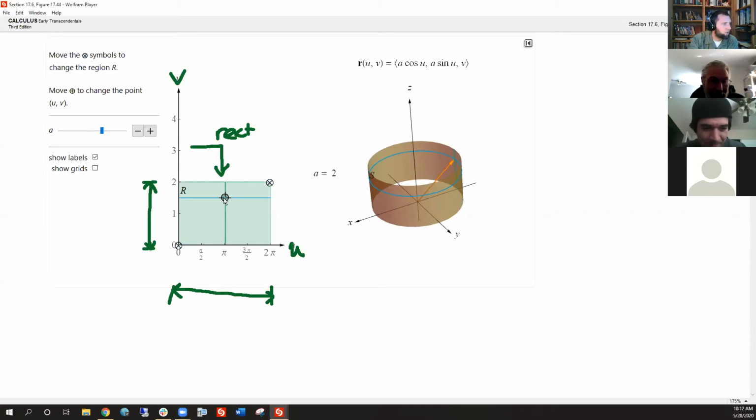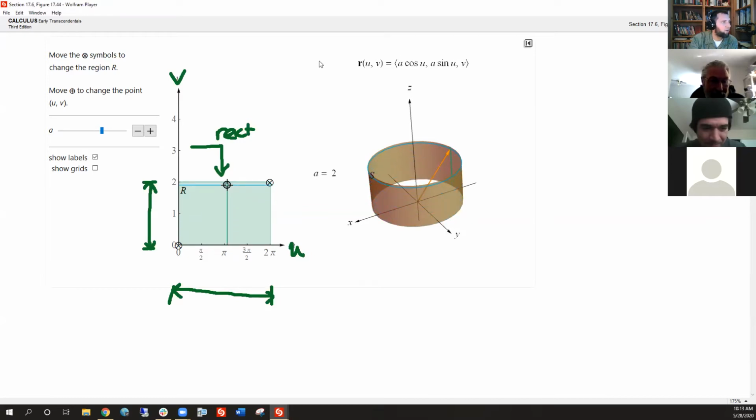How does this work? Well, if we pick some height and we travel along our U, we'll travel all the way around the circle. Then choose a new height, travel all the way around the circle. Travel new height, travel all the way around the circle. So this would be letting V be fixed and letting U vary. You could also go the other direction and say, pick an angle and then look at what happens across all those heights. Pick a different angle.